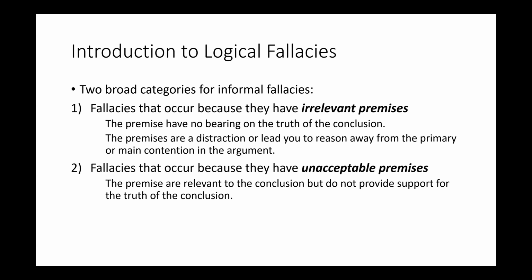And the reason why the premises are so important is because truth is supposed to be transferred to the conclusion, insofar as truth is preserved in the conclusion. And so if you've got a premise that can't even support the conclusion, then it's not going to be a premise that we should accept. Thus, these sorts of fallacies are involving unacceptable premises. Or another way to think about that, these premises seem to be dubious in some sort of way.